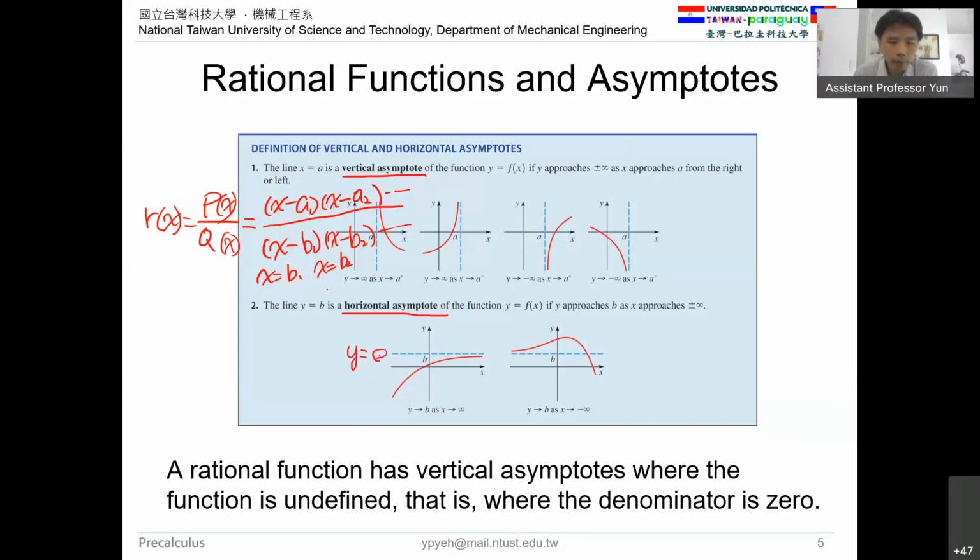But that can also be found from the numerators becoming zero. Okay. So as we mentioned, the rational function has a vertical asymptote where the function is undefined, where the denominator is zero. That's how we find the denominator's zeros.